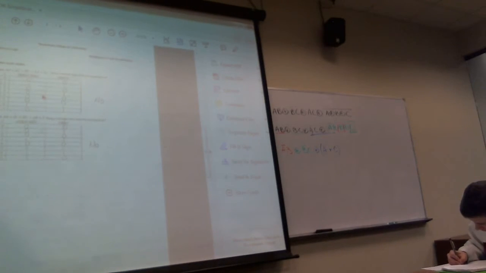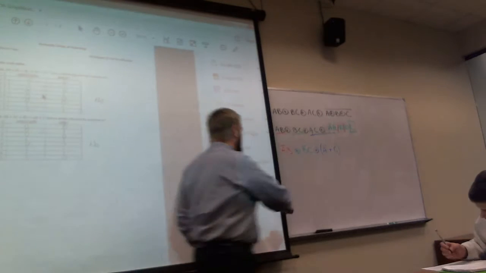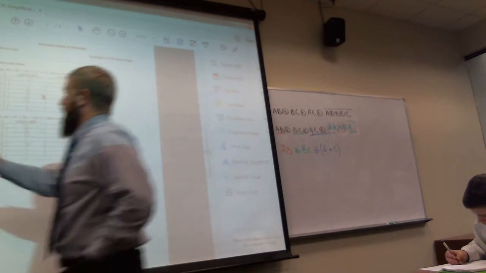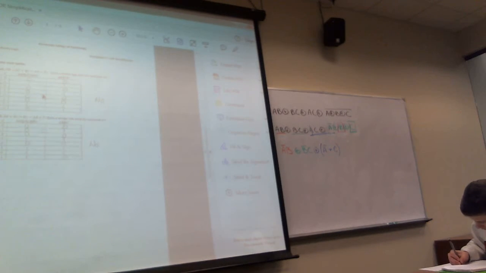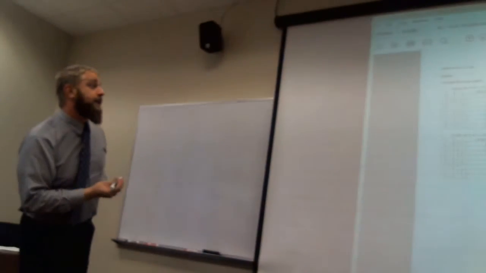There's a way you can justify this rule, you certainly could put it into a truth table. But let me show you the algebraic justification of this rule.